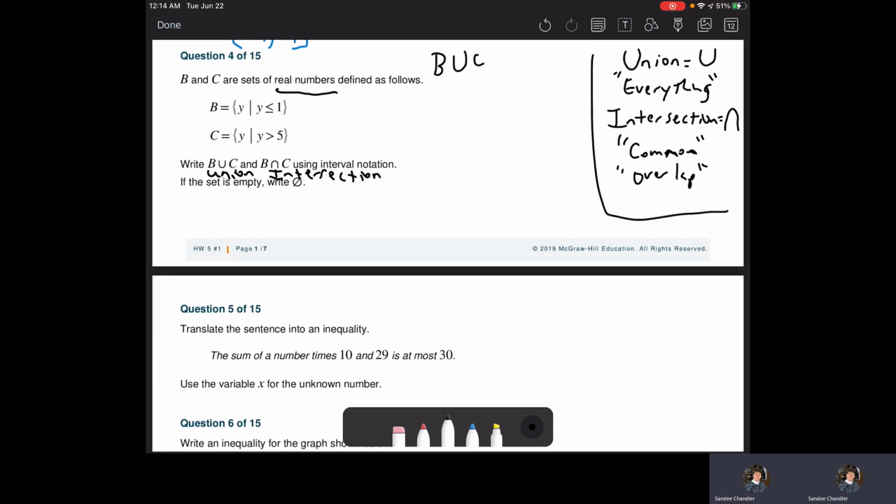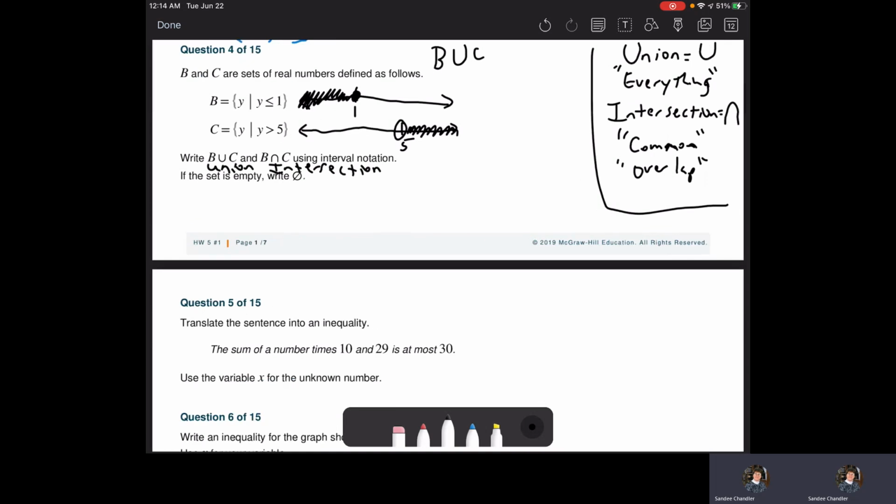So B union C. The first thing I want to do is graph these two. If I graph B, 1 is here, it's included, and it's everything less than. If I graph C, in relation to that 1, 5's probably over here. 5 is open, and it's everything greater than. So B union C is everything you see.